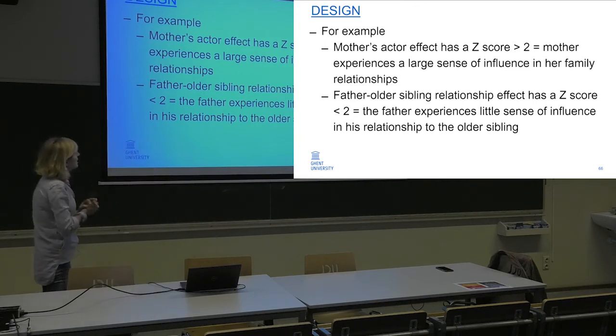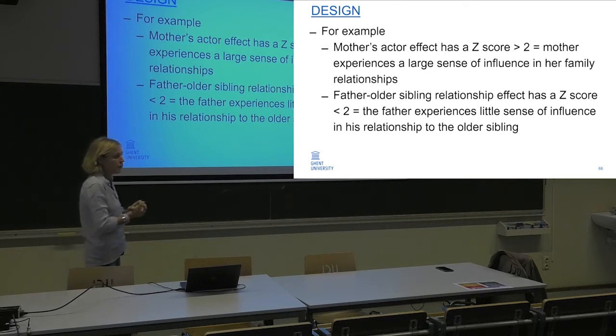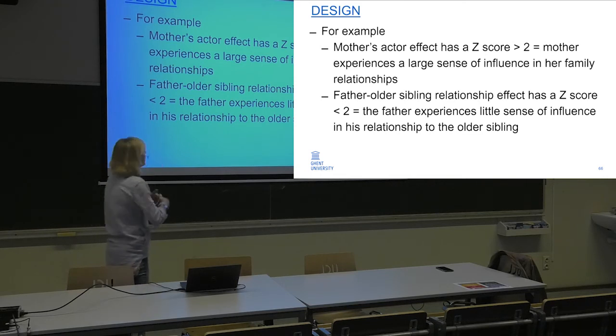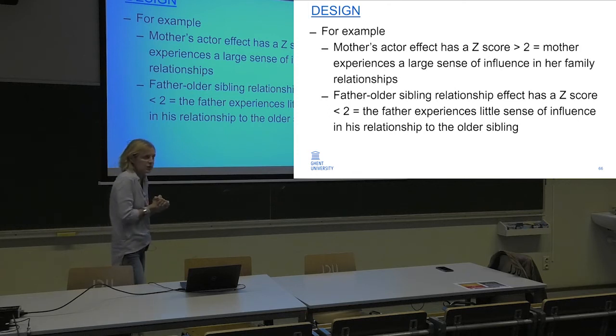An example: mother's actor effect has a Z-score of more than 2, so this mother experienced a large sense of influence in her family. Yeah? More than the average family, more than the average mother. Or the father-older sibling relationship has a Z-score of -2, that would say the father experienced little sense of influence in his relationship to the older sibling.